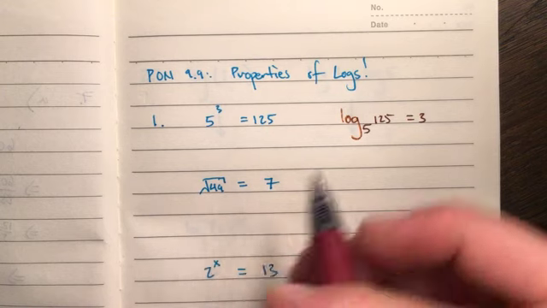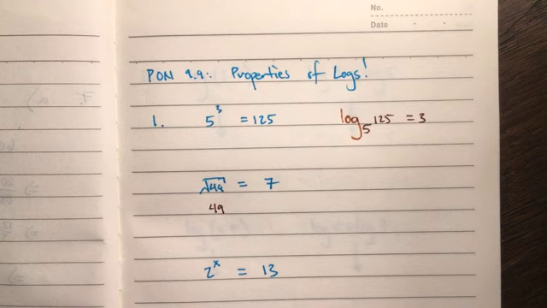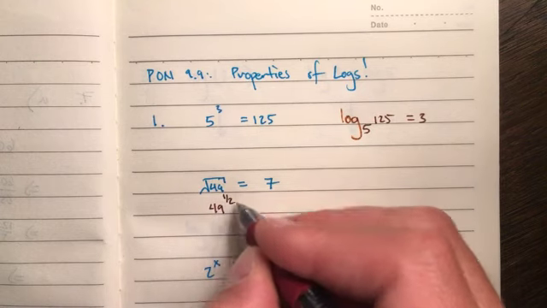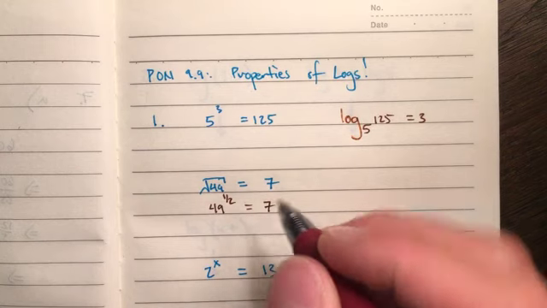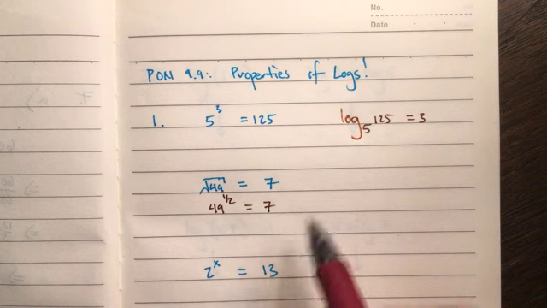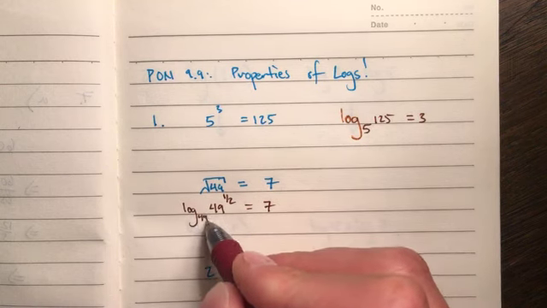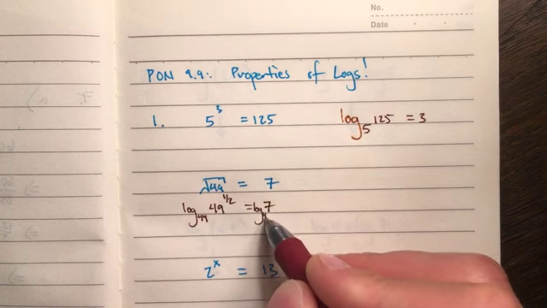So remember that a square root could be rewritten as a power of 1/2, and that's where you should be thinking, oh yes, that's 49 to the 1/2 equals 7. Instead of thinking about rewriting, one thing we could do is think about taking the log base 49 of both sides.